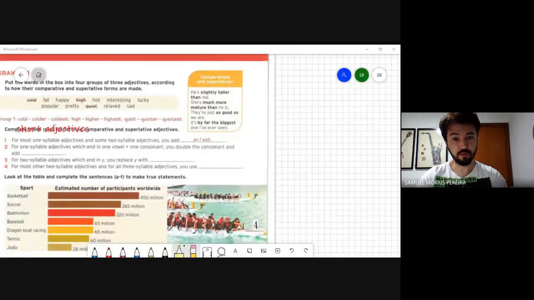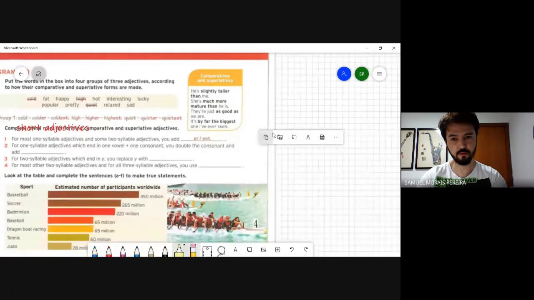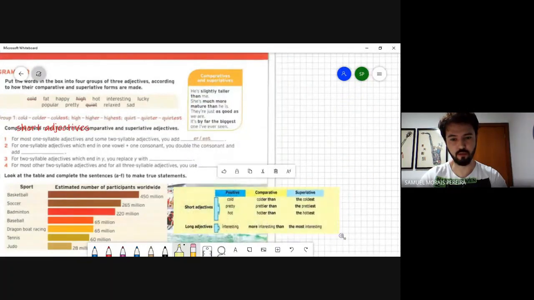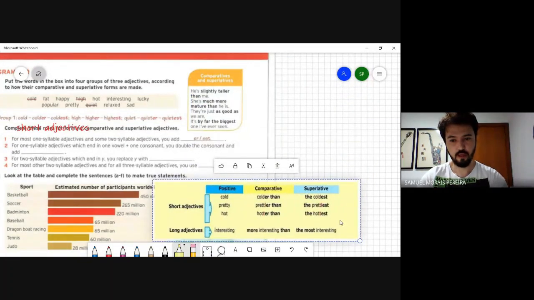Foi o que eu mostrei para vocês agora há pouco, ó. Take a look at this picture here. Vou mostrar de novo. Take a look. You have here the rules, remember? Ó, here you have the rules. When you have short adjectives, o que você faz no comparativo superlativo, ó? You add ER or you add EST, o que está falando aqui.